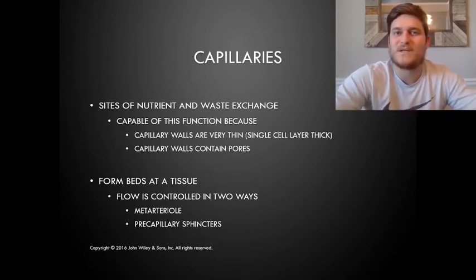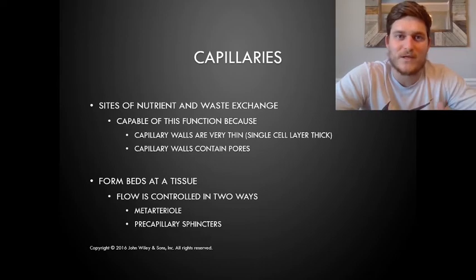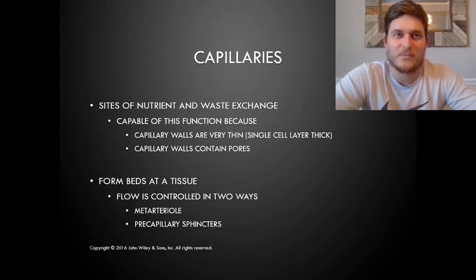There are going to be different types of capillaries, which we'll break down here in a second, which will allow for different types of objects to be permeable to capillaries, with bigger pores or fenestrations to allow bigger materials to be transported in and out of the vasculature.